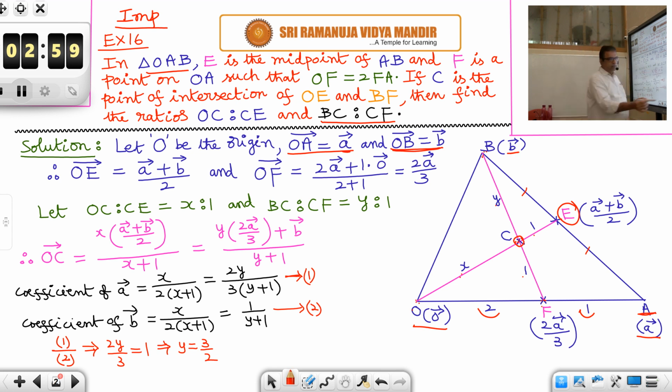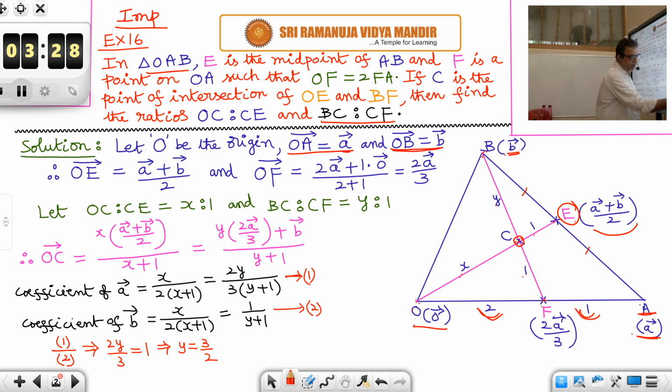Now, because E is given as the midpoint of AB, what is the midpoint formula? a bar plus b bar by 2. This point has position vector a bar, that point has b bar, so the midpoint's position vector will be a bar plus b bar by 2. Similarly here, you can use the section formula with the ratio 2:1.